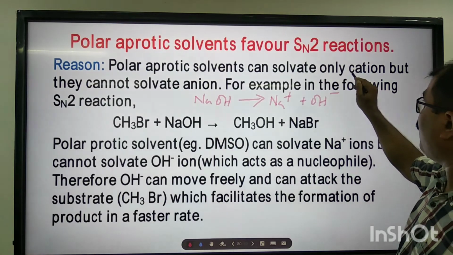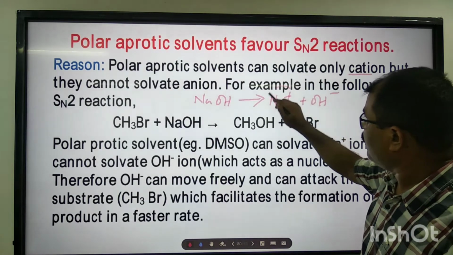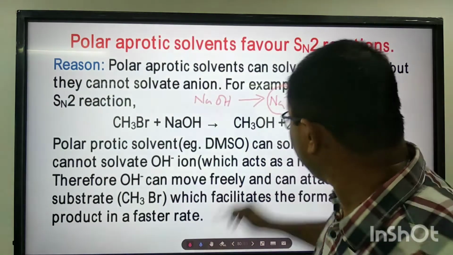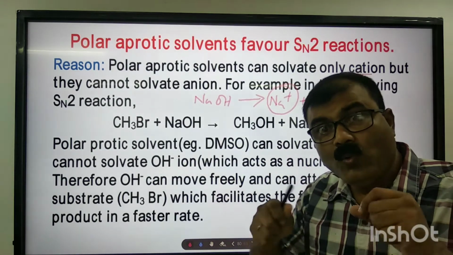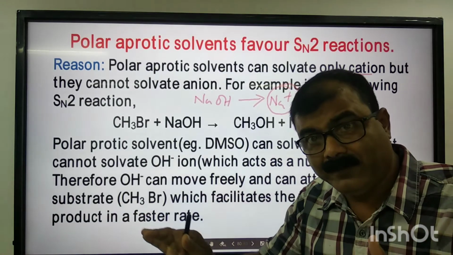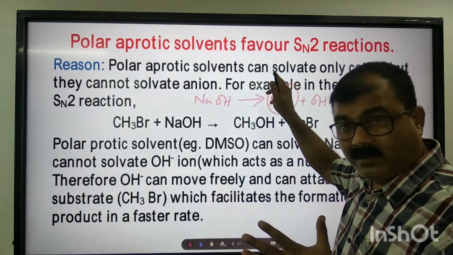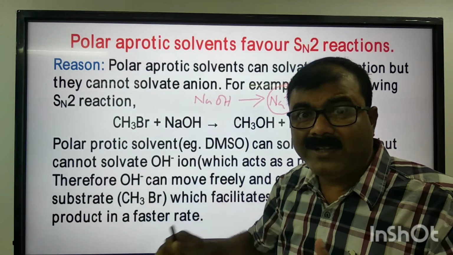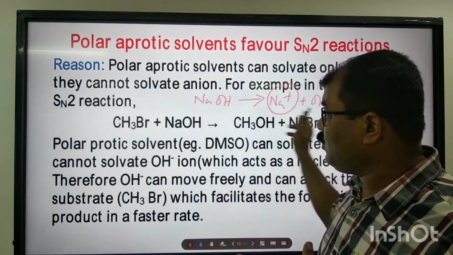Aprotic solvent can solvate only cation. So aprotic solvent will solvate Na plus ion, not OH minus ion. OH minus ion is completely free. Have you understood? Aprotic solvent does not restrict the OH minus ion from attacking.